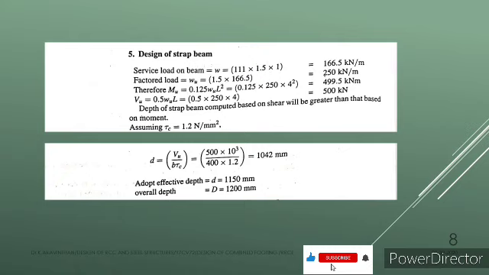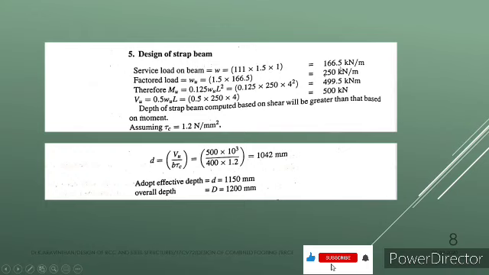So, the soil pressure is 111. If you want to convert in terms of meter, you have to multiply by the width. What is the width? Width is 1.5. So, if you multiply 111 into 1.5, considering 1 meter of a section, you will be getting 166.5 kilonewton per meter.